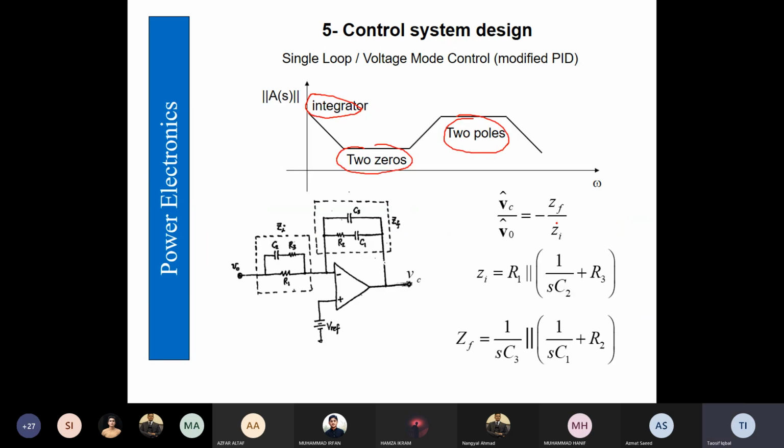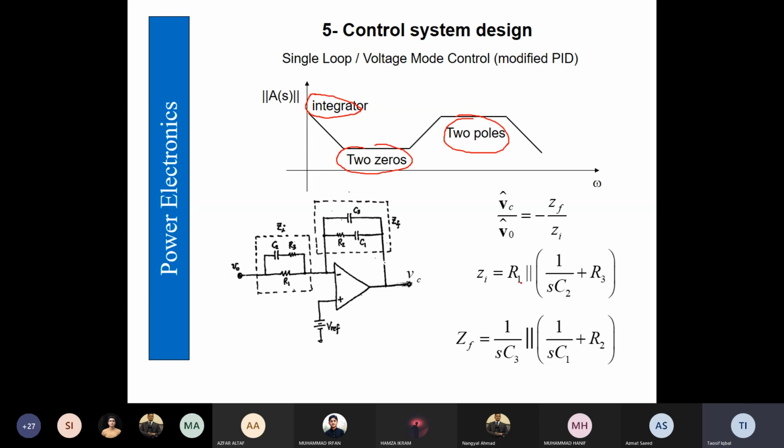Okay. So from literature we can find the exact controller circuit that can give us the integrator, 2 zeros and 2 poles, and we just need to find the values of R's and C's. So how are we going to do that?